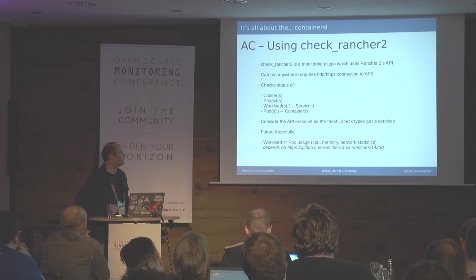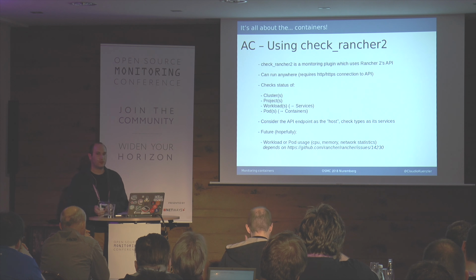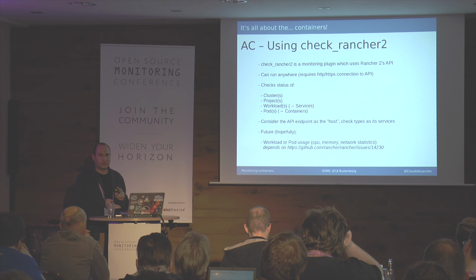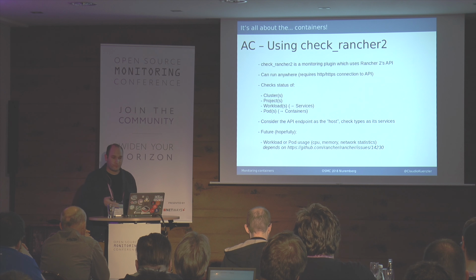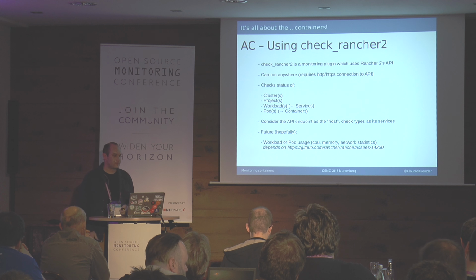What I would suggest is that in your monitoring system you add the API endpoint as a host, and all the service checks like pods, clusters or workloads as services under that host object.